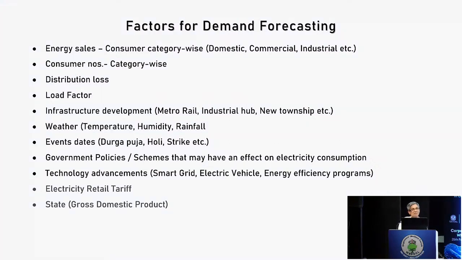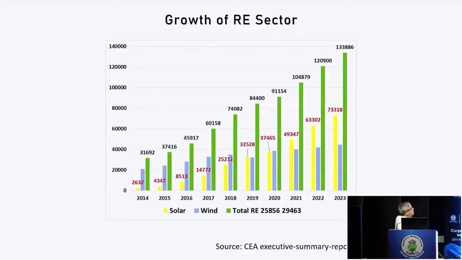So with that, there will be a change in demand pattern. And other economic factors also have some role in forecasting, though at present we don't see much, like how is the growth of GDP, state or national.